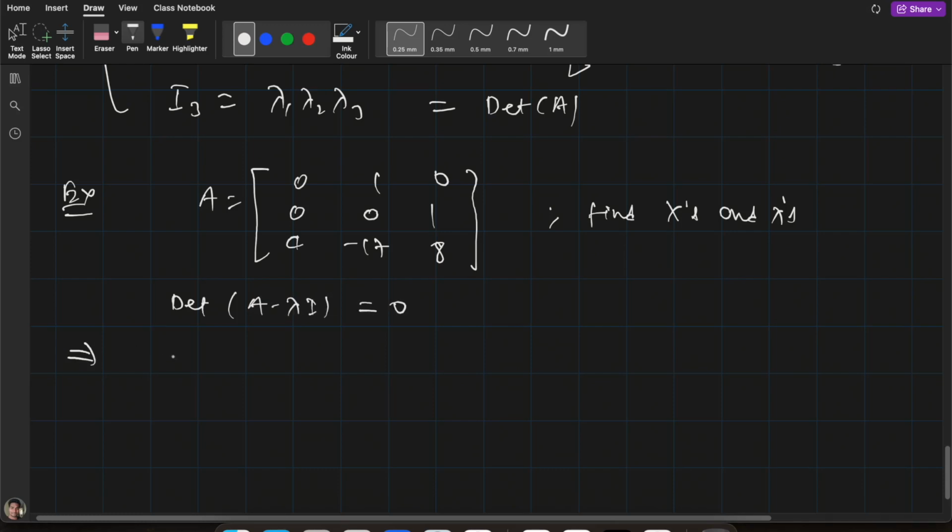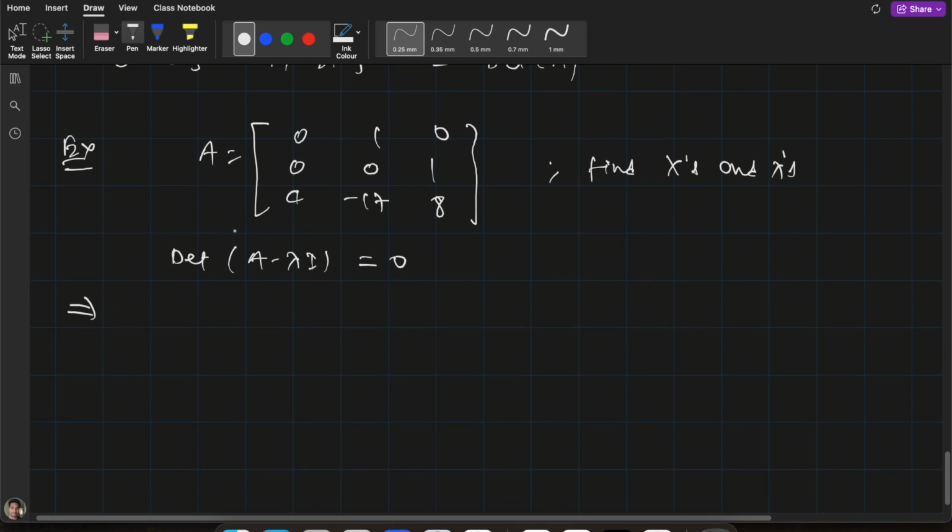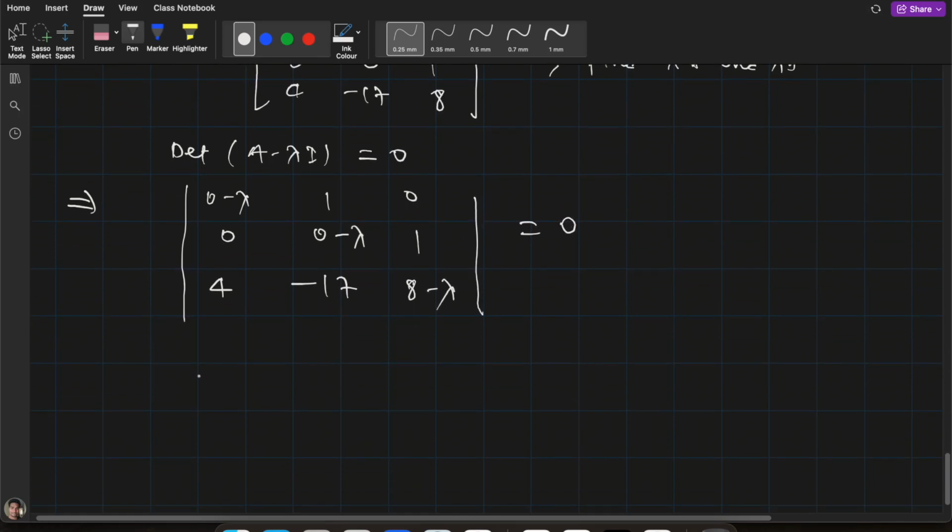Now the determinant will be: 0 minus lambda, 1, 0, 0, 0 minus lambda, 1, 4, minus 17, 8 minus lambda, equal to 0. After solving this, you will get the polynomial minus lambda cube plus 8 lambda square minus 17 lambda plus 4 equal to 0.